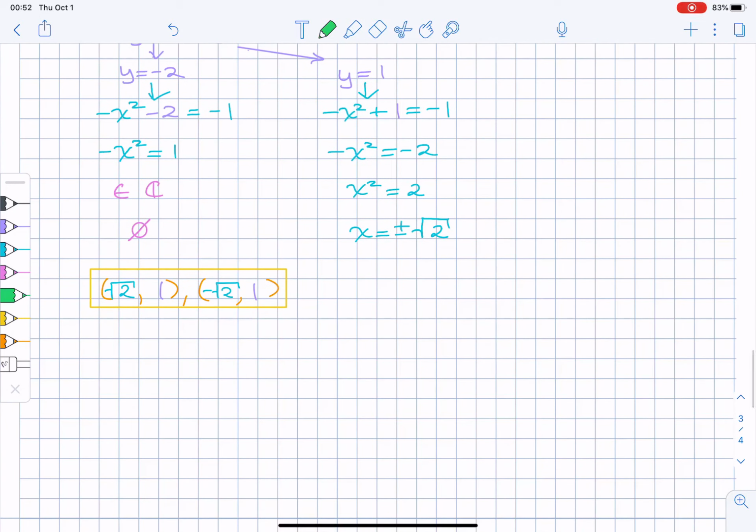So note, the parabola intersects the circle in 2 points.